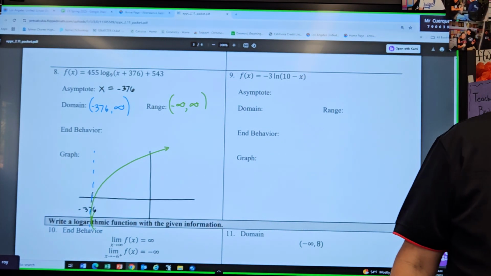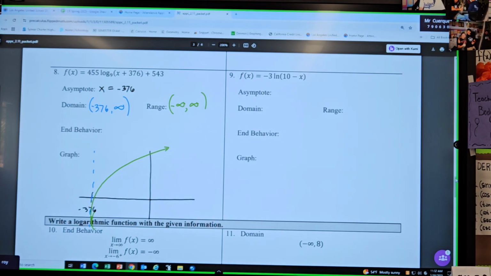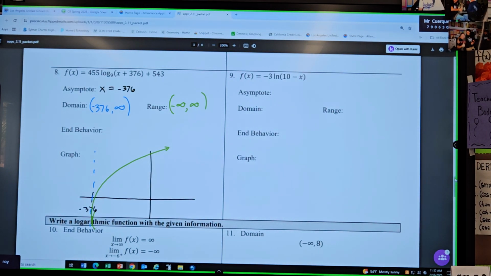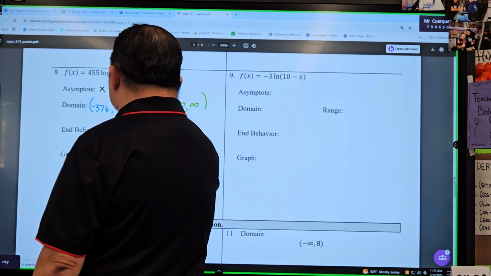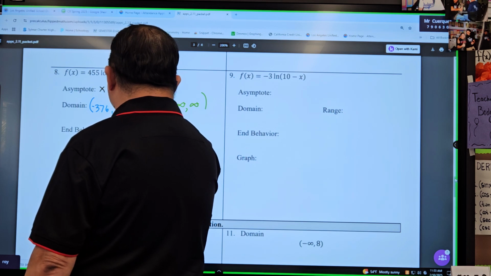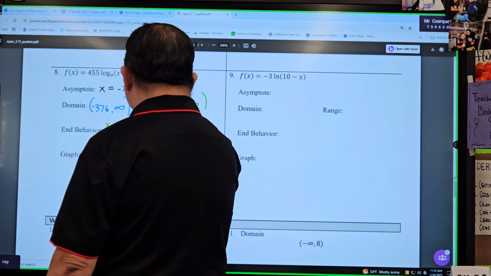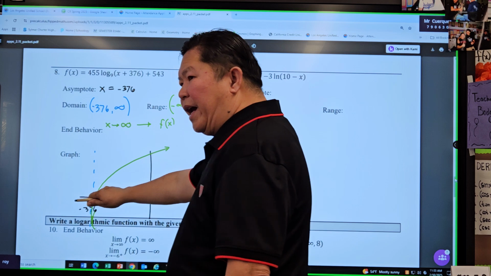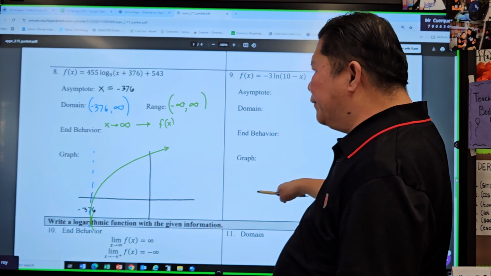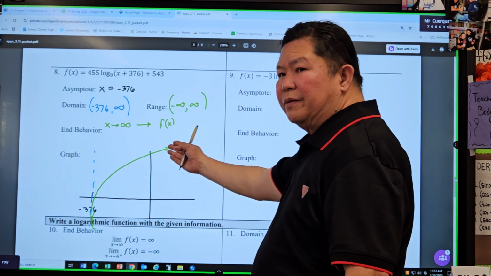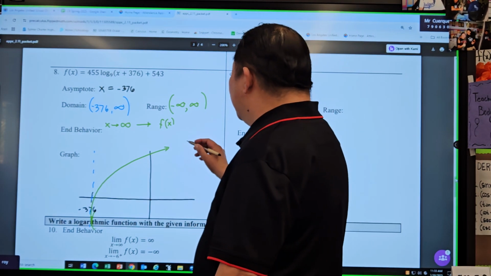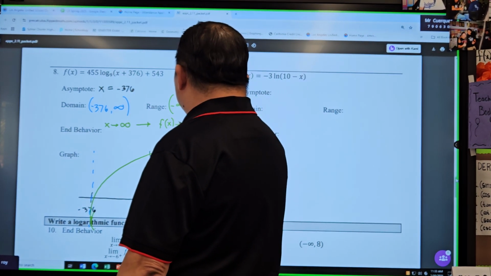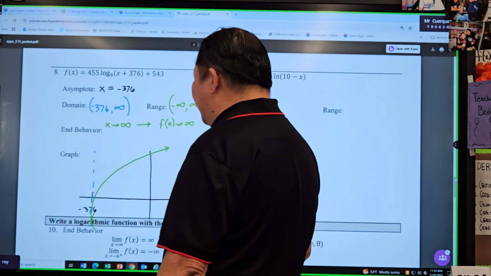And then end behavior. As x value goes to positive infinity, where does the graph go? It goes up, so it's going to positive infinity. So f of x approaching positive infinity.